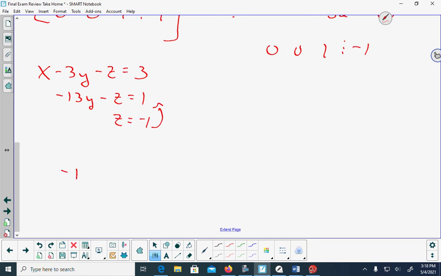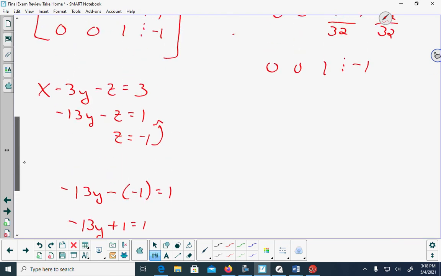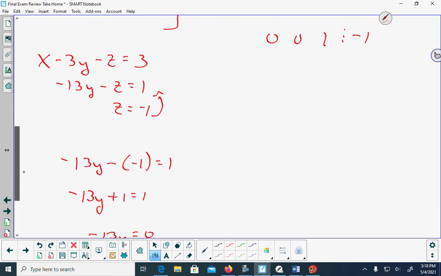And I can go negative 13y minus z, which is a negative 1, is equal to 1. So negative 13y, and then the plus 1 is equal to 1. So negative 13y is equal to 0, y is equal to 0. And then for the last one, I'm substituting negative 1 for z and 0 for y.